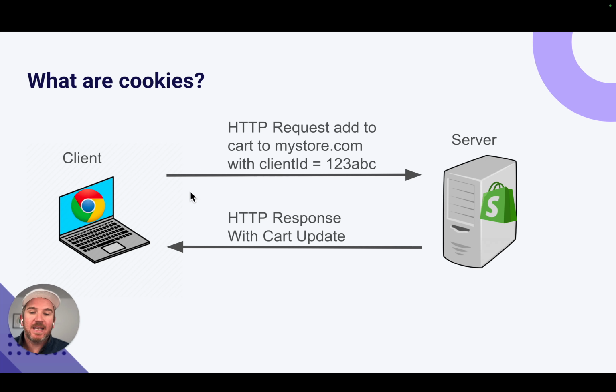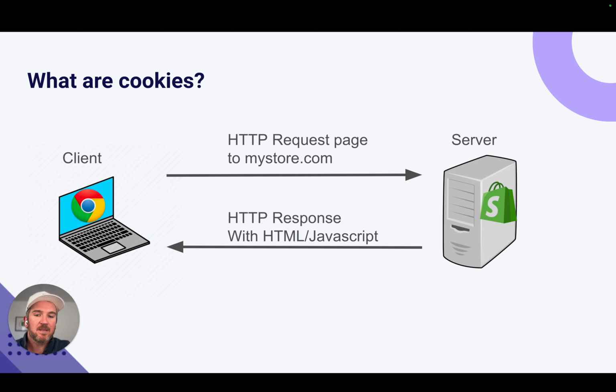Now, when the client sends the HTTP request to add a product to his cart to the server running mystore.com, the browser includes the client ID 123ABC, and the server says, I see that I have that stored in my database. So you are the same client that made this HTTP request earlier when I knew nothing about you.